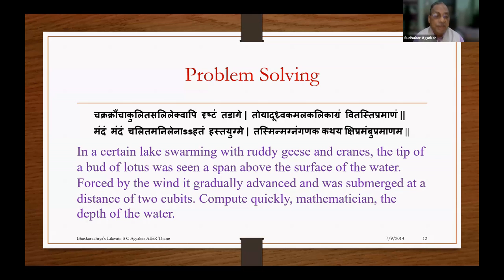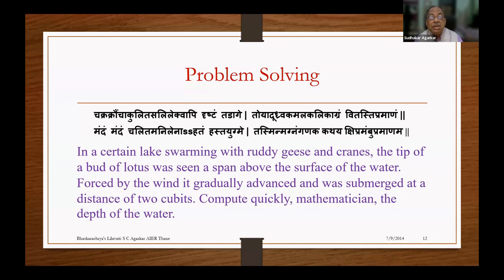It gets the translation: in a certain lake swarming with ruddy geese and cranes, so he is using birds now, the tip of a bud of lotus was seen a span above the surface of the water. Forced by the wind, it gradually advanced and was submerged at a distance of 2 cubits. Compute quickly, mathematician, the depth of the water.